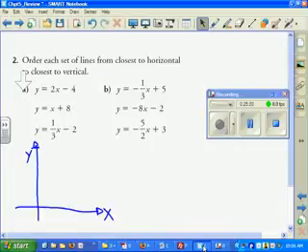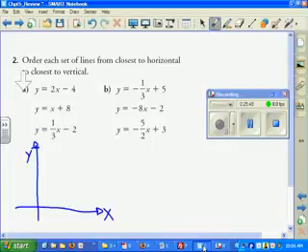Okay. That's right. So what it's asking us to do is order them, starting from closest to horizontal. We do it this way just because you're used to lines lying down. Which one's closest to completely horizontal to more vertical, more vertical, more vertical? Okay? So order them in terms of steepness, if you want to call it.